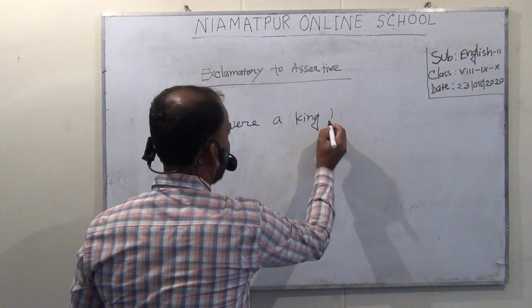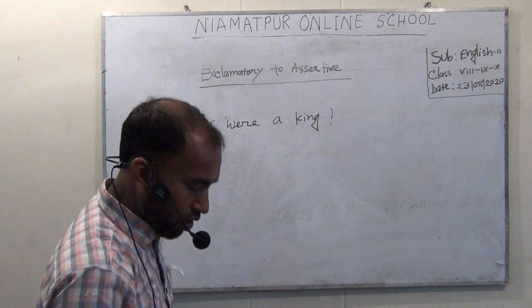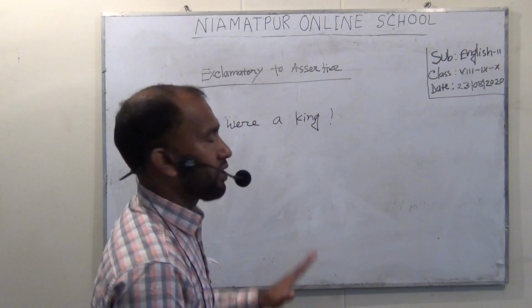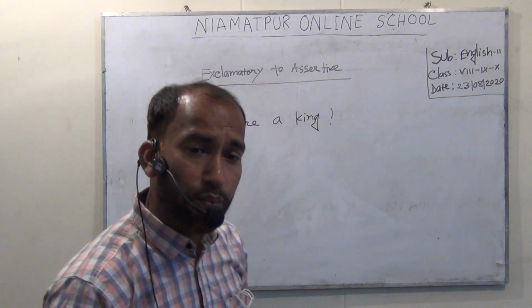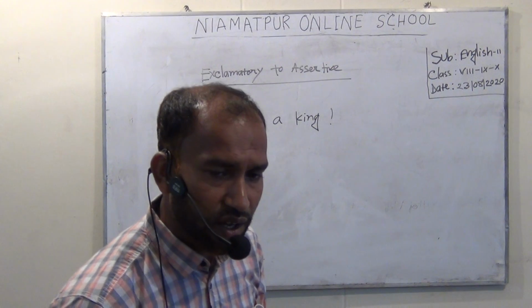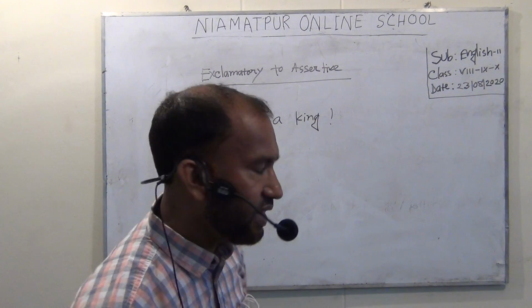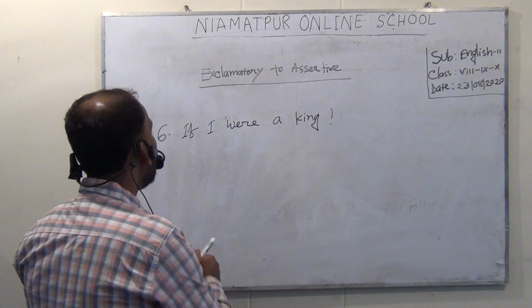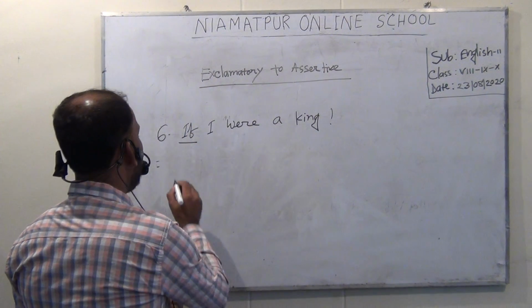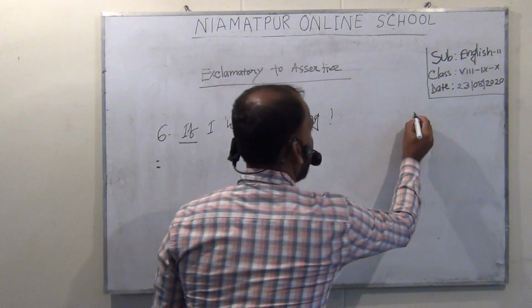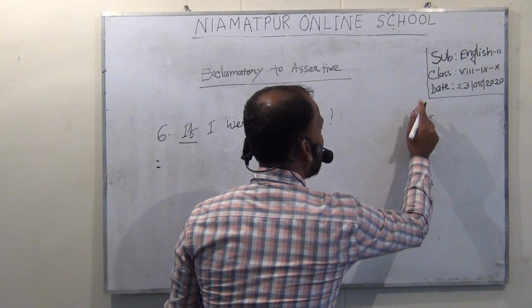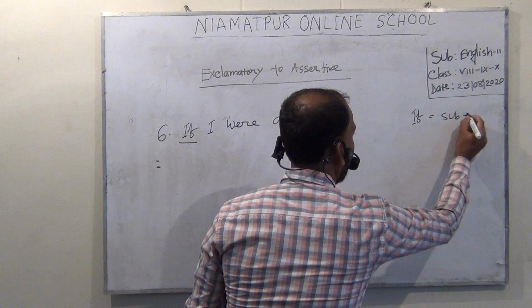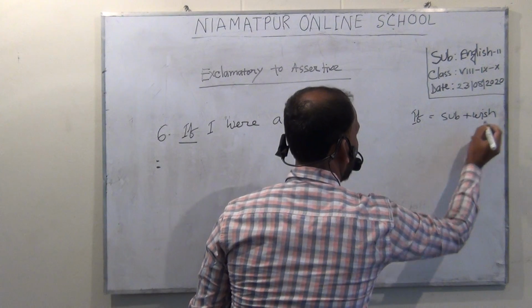If I were a king, this is also an example of an exclamatory sentence. Sometimes you must see an exclamatory sentence start with if. So now this time, this is the clue. If is equal to, we can write subject plus wish.